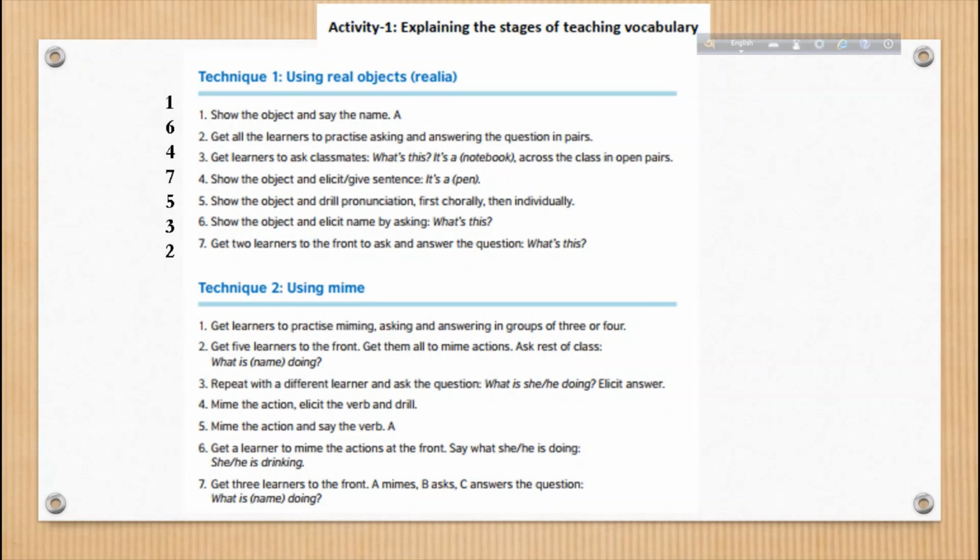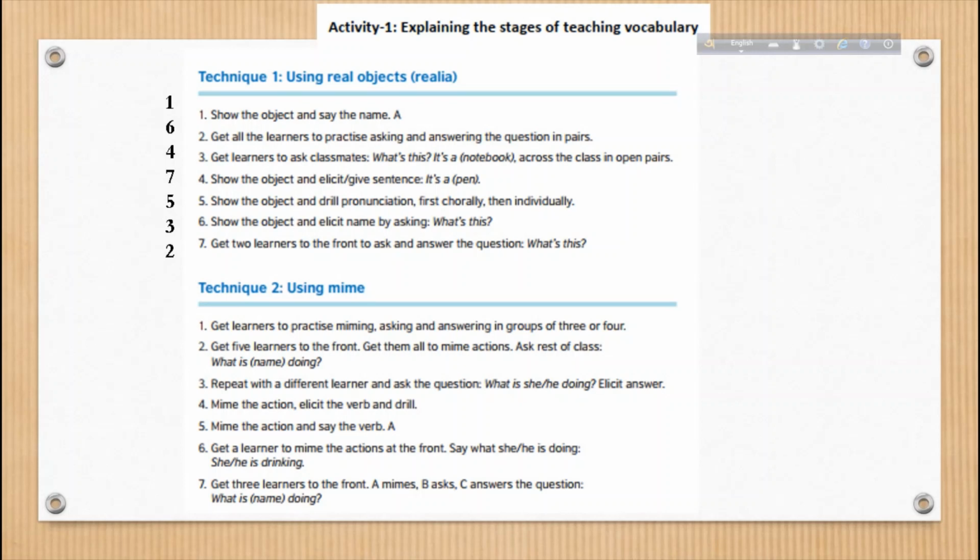Then number 4, show the objects and elicit or give a sentence: it's a pen, it's a pen. Then 7, in this way 5, 3 and 2. These are the sequences that we use to teach vocabulary using real objects.